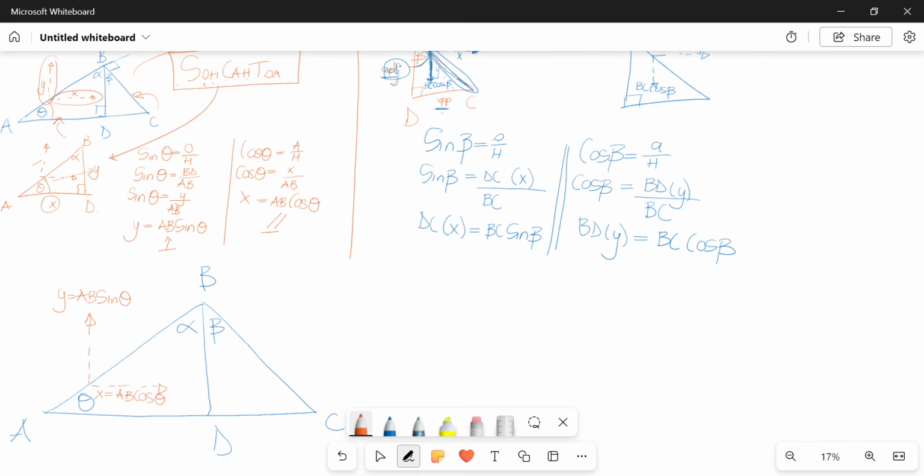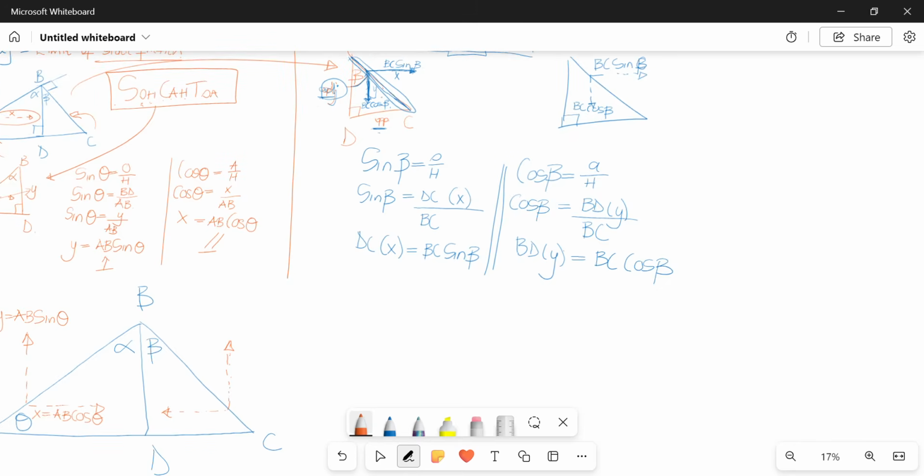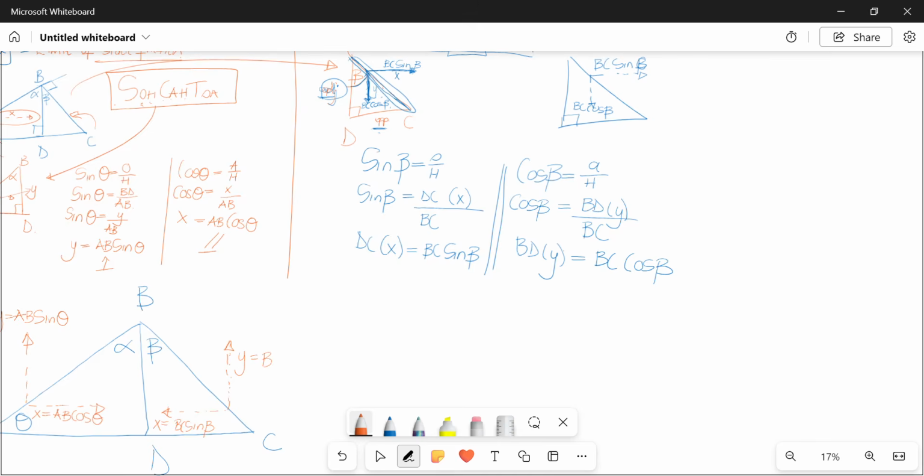It's very easy to get confused because it looks like you'll be applying the same thing. It looks like potato, potato, but it's not because the angle is not in the same position, okay? So for uniformity, I'll just put it in that direction. It doesn't change much, don't panic. So on here, our x is BC sine beta. Then on here, your y is BC cos beta.